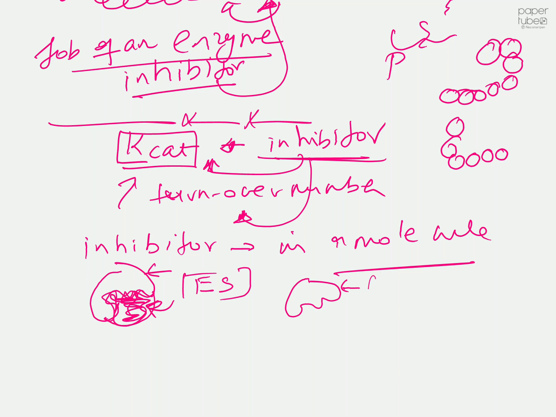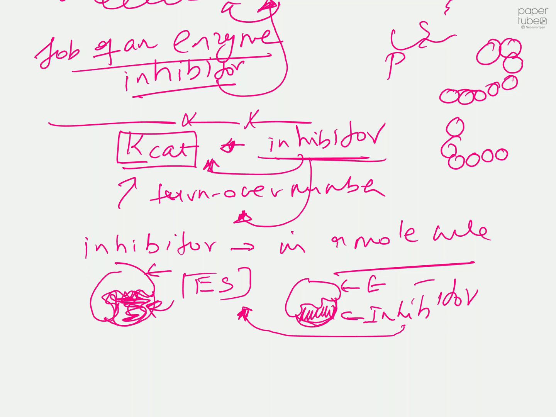An inhibitor is also a molecule. Say this is your enzyme, and this part will be your inhibitor. So an inhibitor is something similar to your substrate. It has some particular shape, and it goes and specifically binds with that enzyme. So again, you can apply the Fischer lock and key hypothesis.